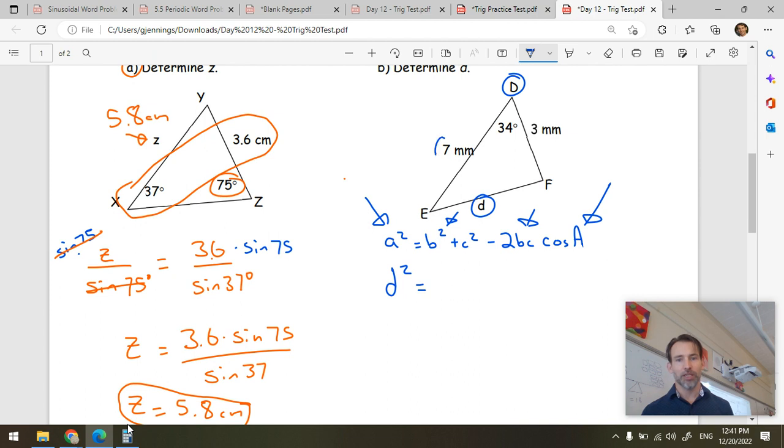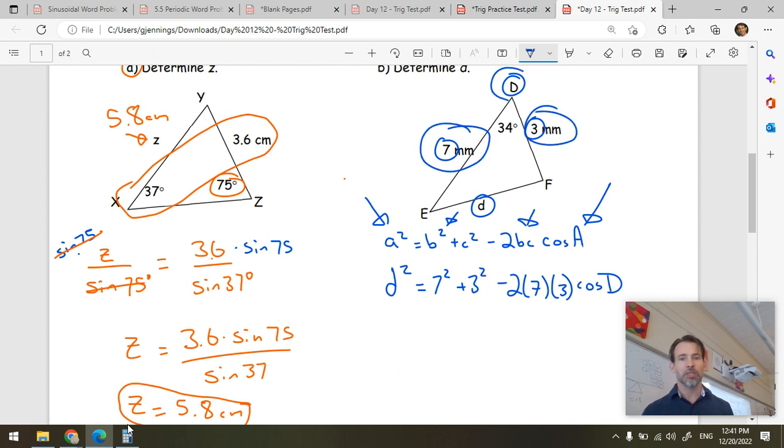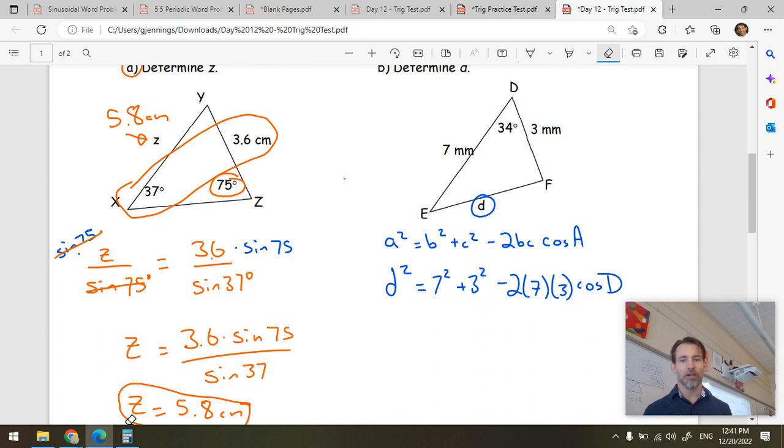D squared is equal to this squared, so 7 squared, plus this squared, 3 squared, minus 2 times 7 times 3 times cosine of D. Another way to think about this and make sure that your formula is set up right is that these two sides that are on opposite sides of this angle, that's all information that ends up on that side of the equation, and this is alone on the other side of the equation. And now I'm realizing that's way too many arrows. Let's get rid of the arrows. All right, let's go. So we're solving for D.